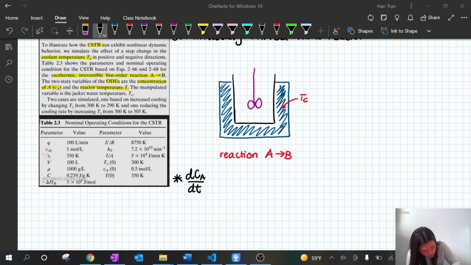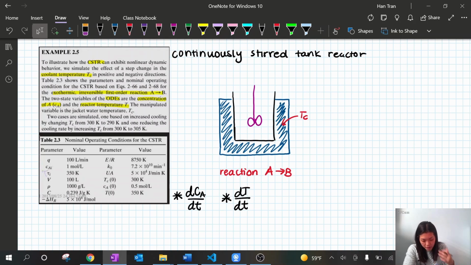We also want the change in temperature over time, and this is going to give us the temperature of the reactor at any given time. That's the information that we are given above, and then we are given a bunch of conditions, parameters, and values for these parameters in the table below.